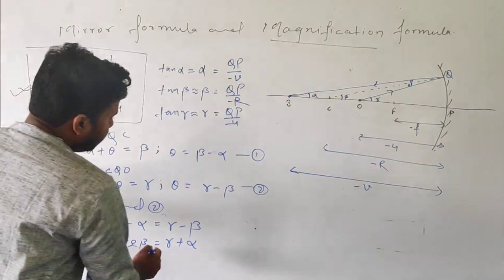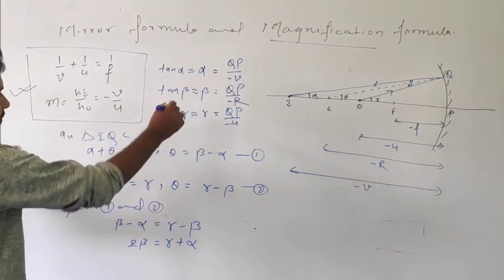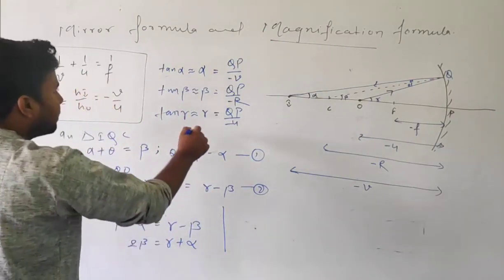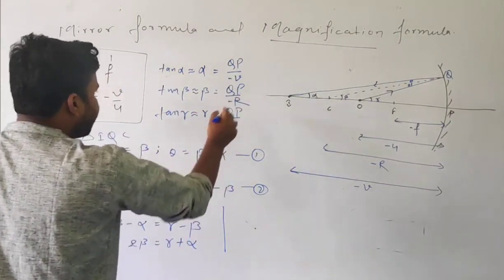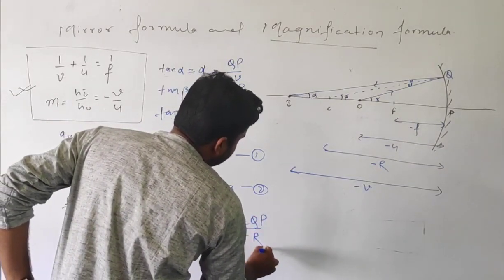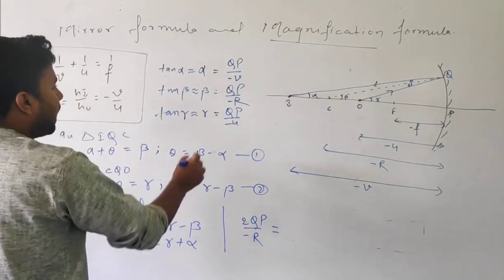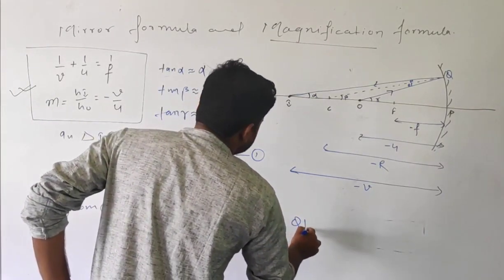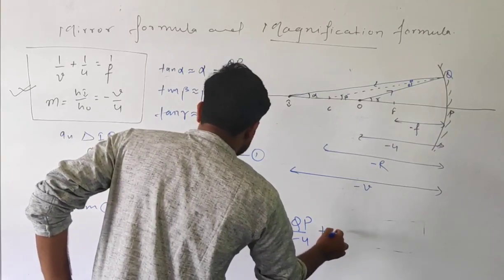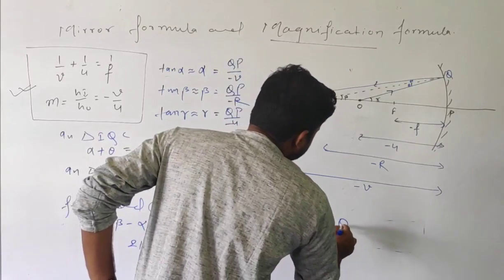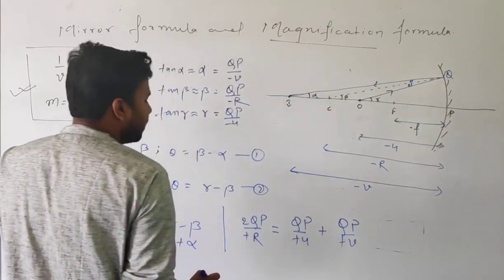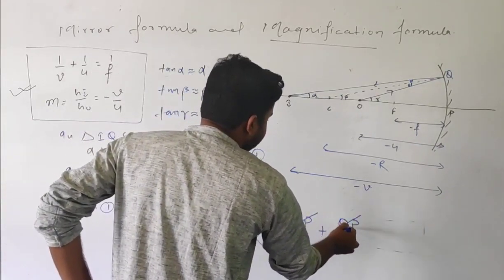Now from here we can put the values of alpha, beta, gamma. Beta equals QP by minus R, so we can write 2 QP by minus R equals gamma plus alpha, that is QP by minus U plus QP by minus V. The minus cancels out, the QP cancels out.